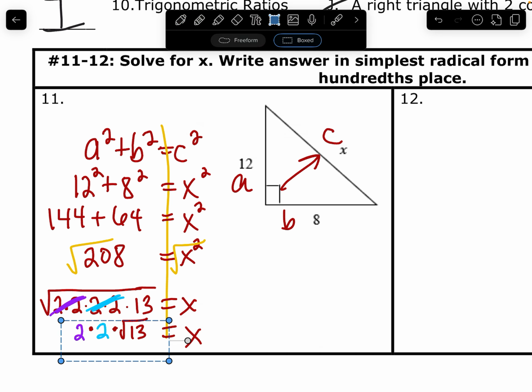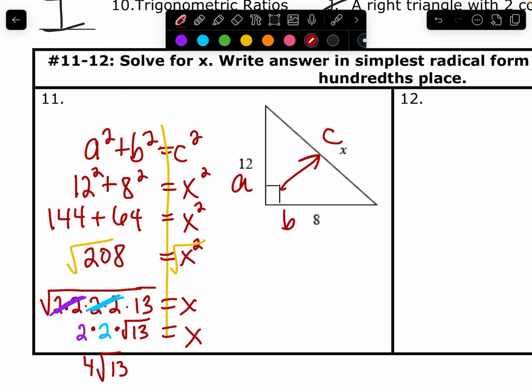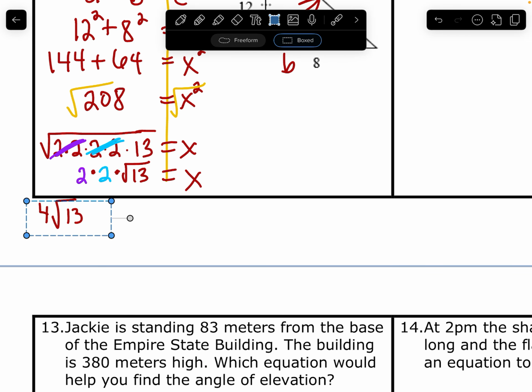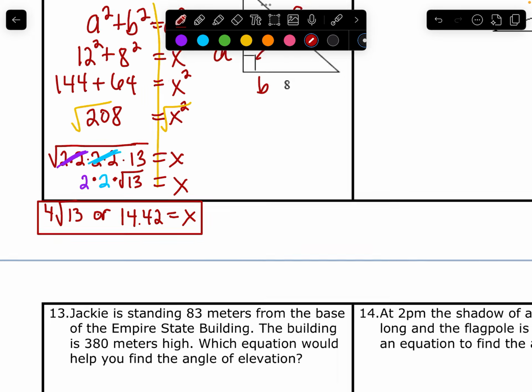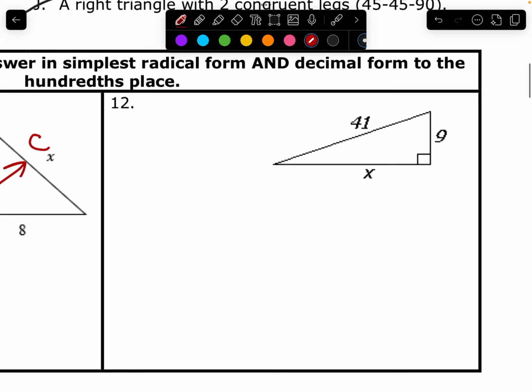Just to clean this up a bit, that would be 4 square root of 13 in simplest radical form, or we could put it in decimal form, 14.42, rounded to the hundredths place. All right, go ahead and try number 12.